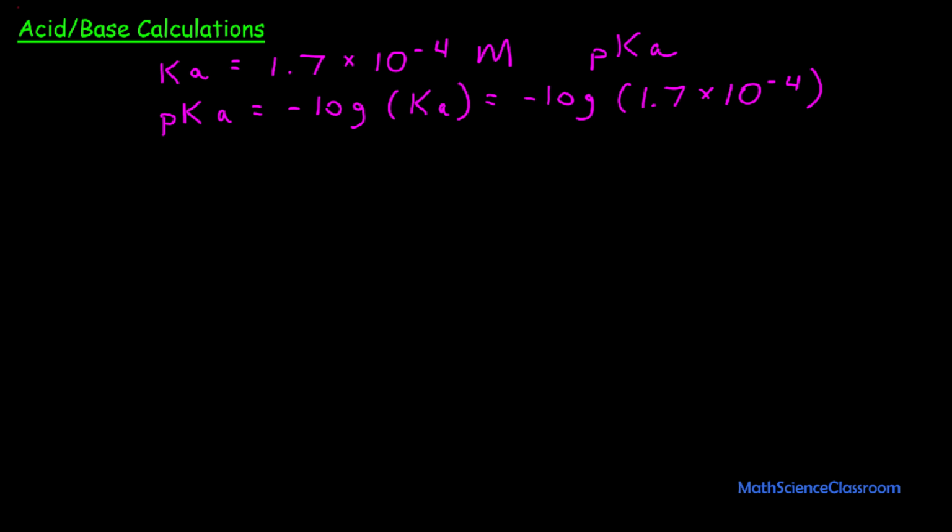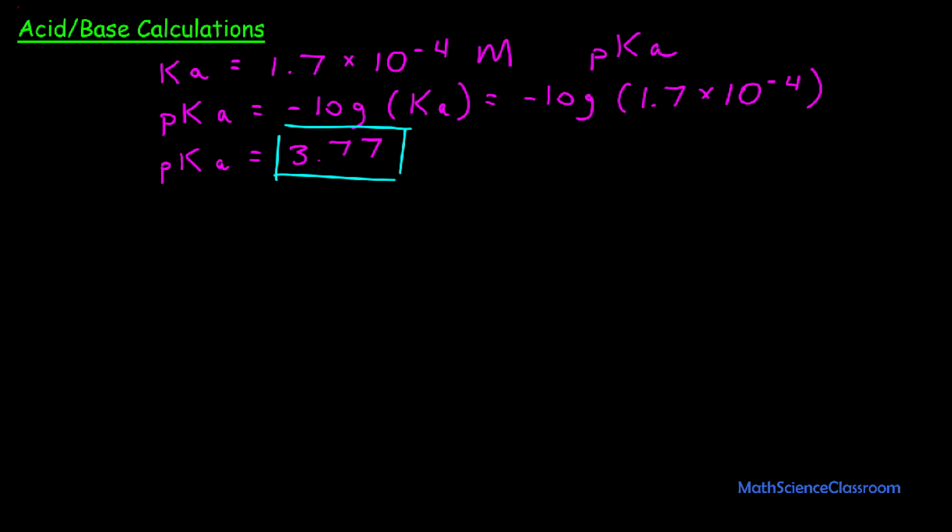Let's punch that into our calculators. So the negative log of 1.7 times 10 to the negative 4th. And the final answer is pKa equals 3.77. And that is the result.